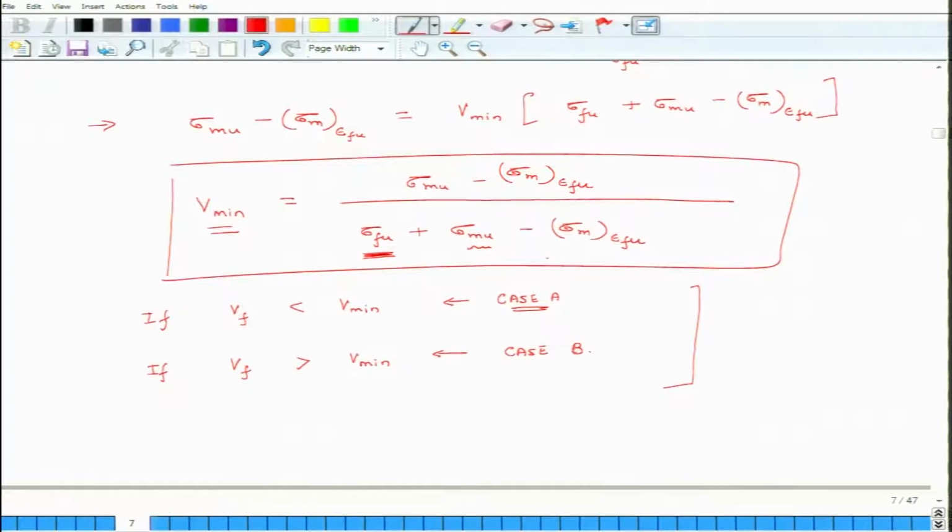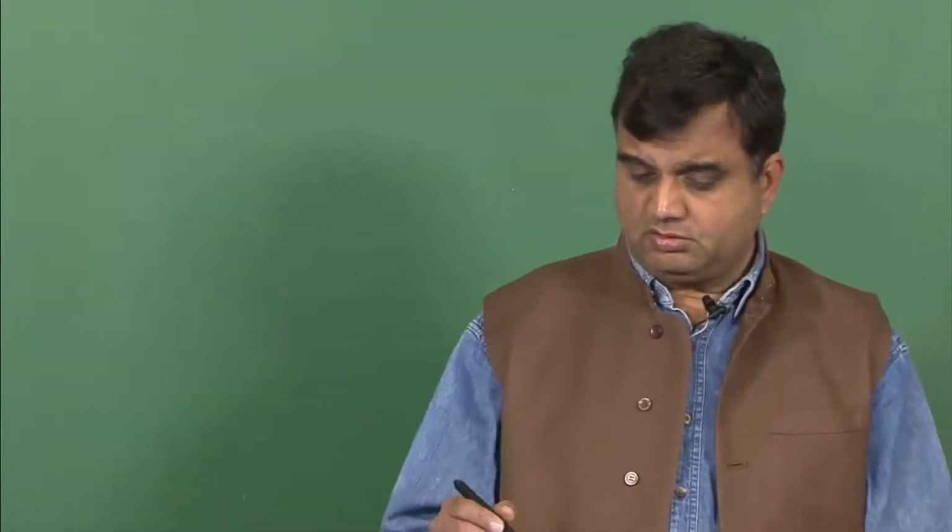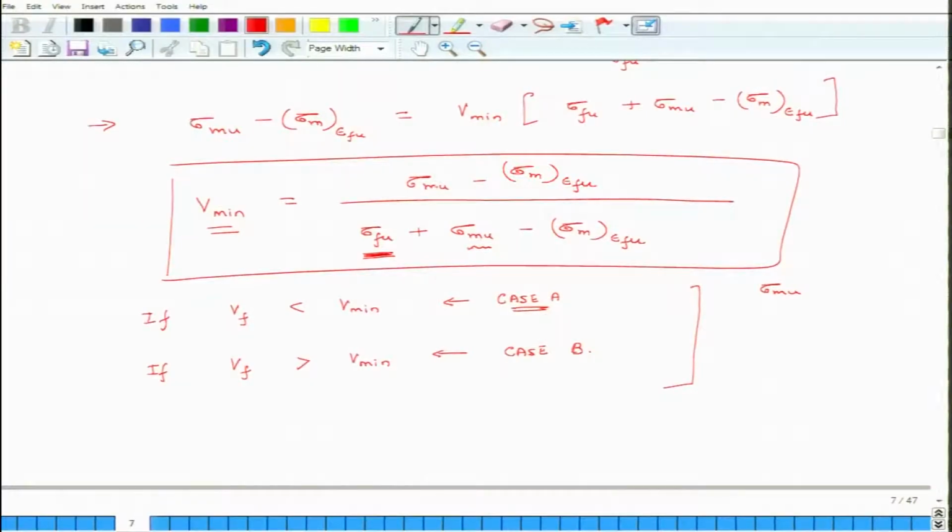But typically sigma mu is about 100 times less than sigma Fu, it is 50 to 100 times or sometimes even more. So, the numerator is very small compared to the denominator, and this V min is extremely small.